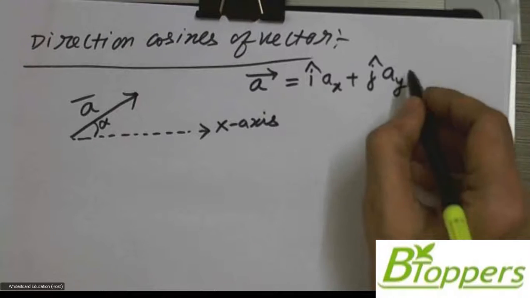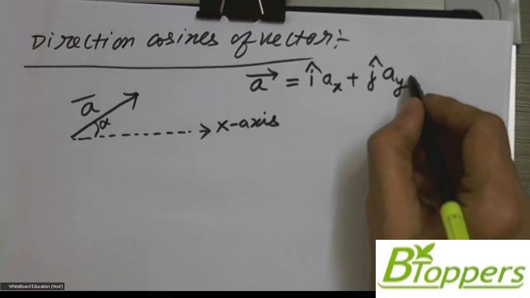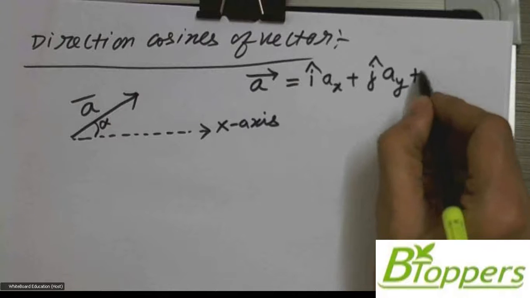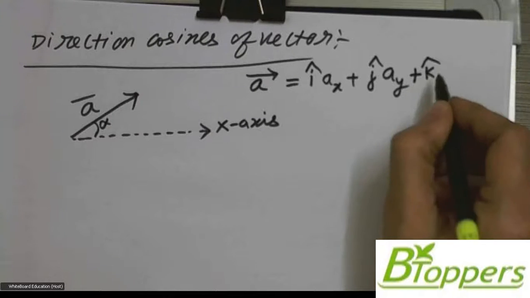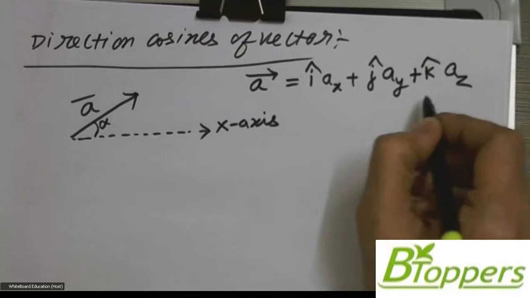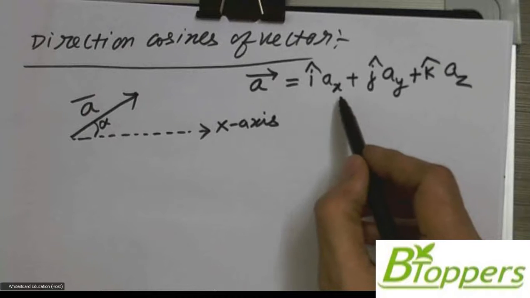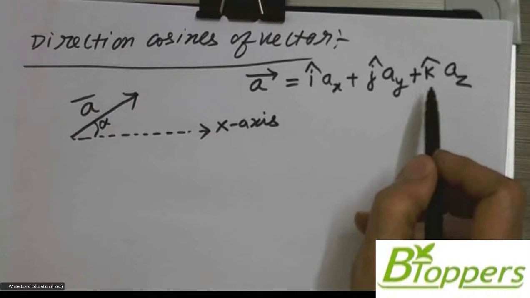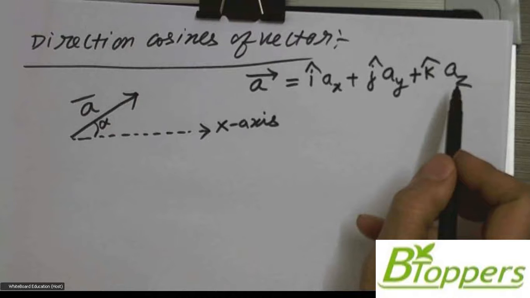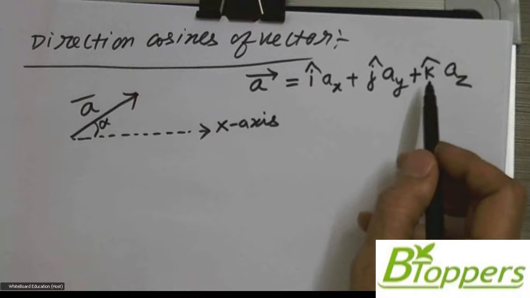So in three dimensional space, vector A bar in general can be written in the form I cap into AX plus J cap into AY plus K cap into AZ. Here AZ is the rectangular component along z axis. K cap is unit vector along z axis.